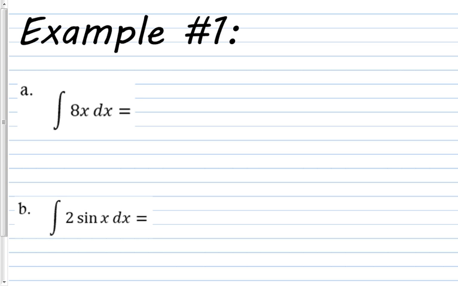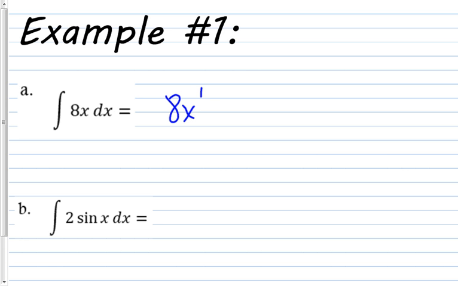So example 1. Antideriving is just integrating. Integrating is antideriving. And antideriving is going backwards from deriving, the derivative. So example 1, I'm doing the integral of 8x dx. So I'm going to take 8x, and it has the exponent of 1.